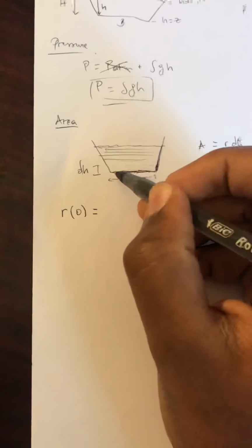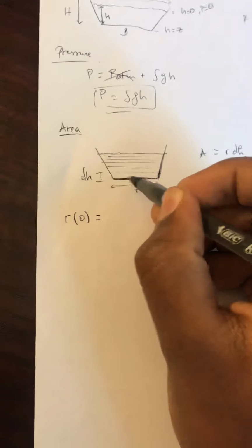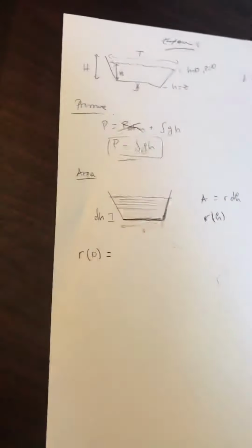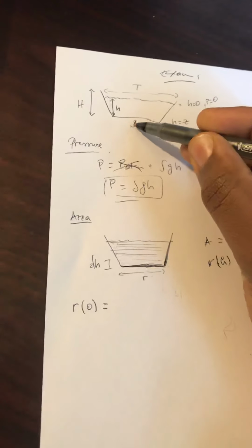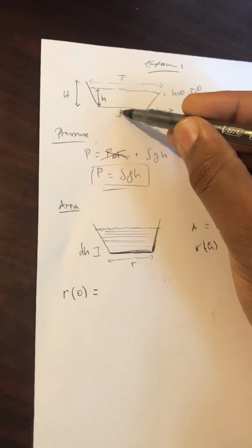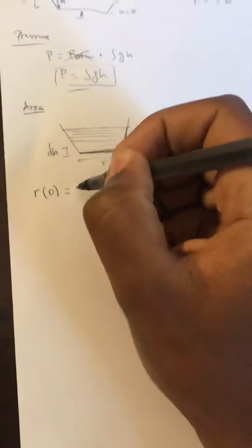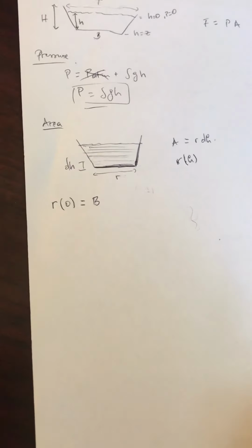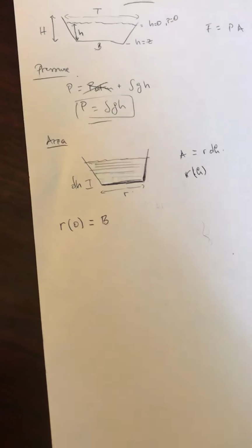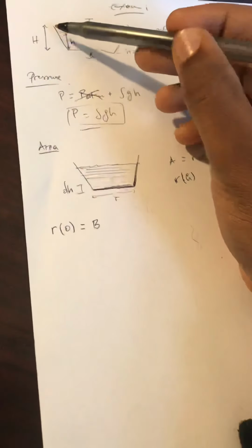Okay, so at h equals 0 at the bottom, when we look at our trapezoid, we're given that the width is capital B. Okay, and then the other width we know would be at the top of the dam.